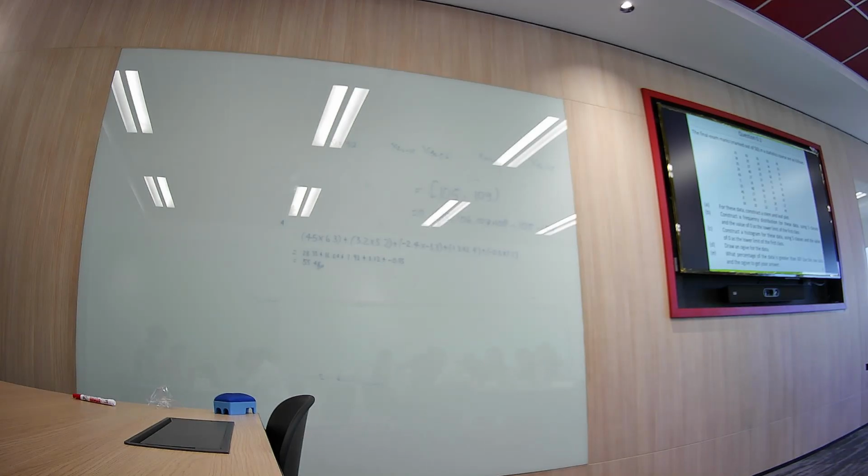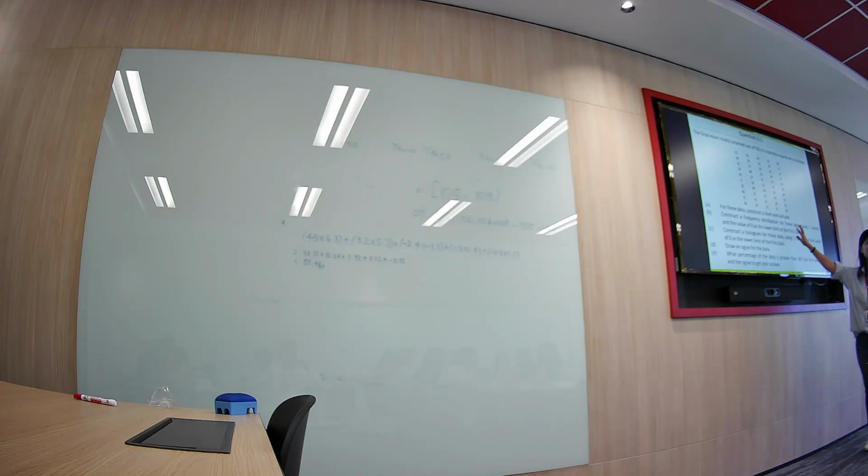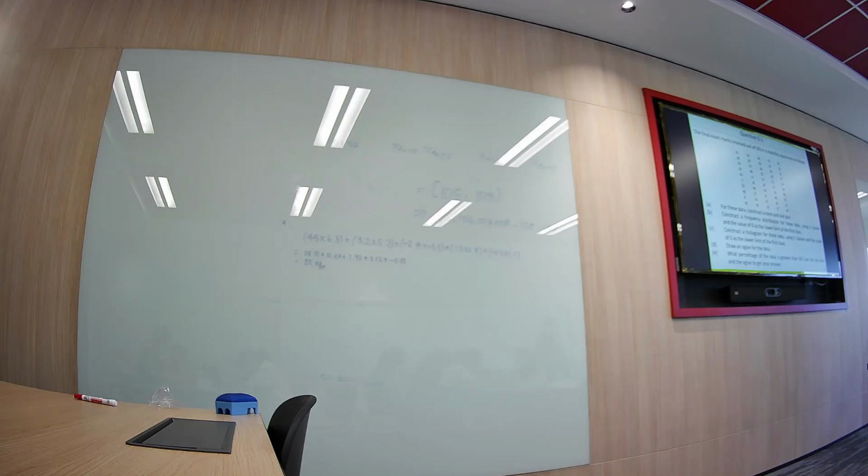Yeah, you see, so it's better. You can investigate. For the stem and leaf, you need to identify the smallest number and then the highest number, right?